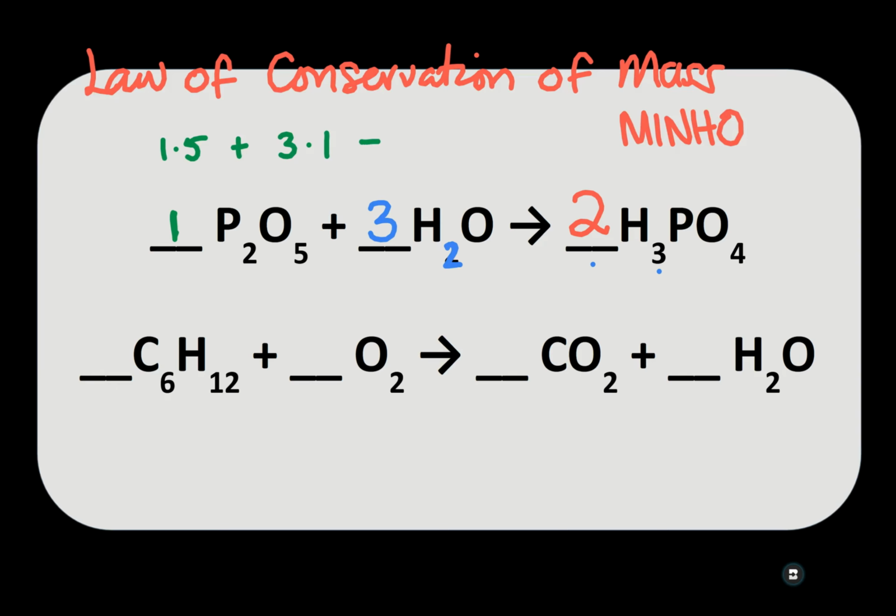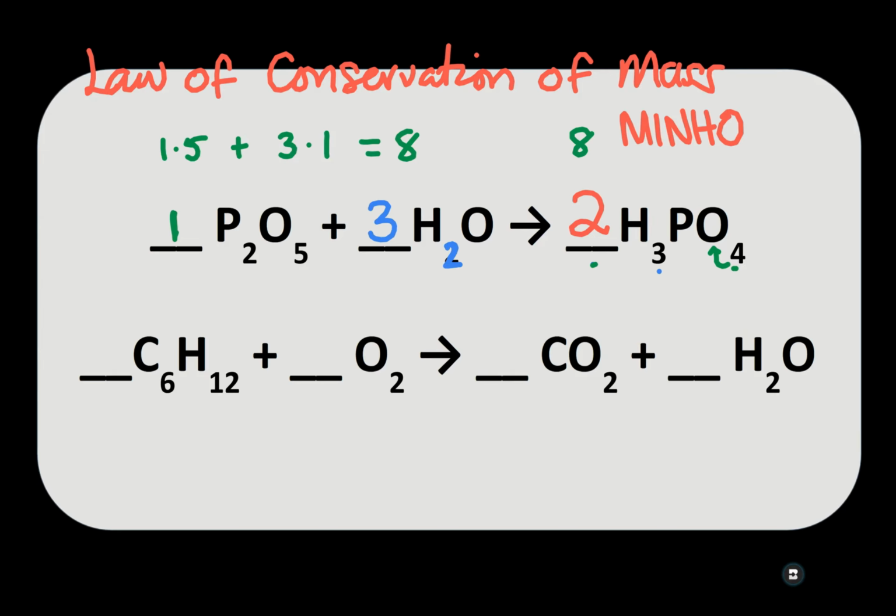That will equal 8 oxygens. Now look over here, I have 2 times 4 oxygens, so that equals 8 also. So that means right now I am balanced for this reaction. Also, just a quick review, this is a synthesis or combination reaction.